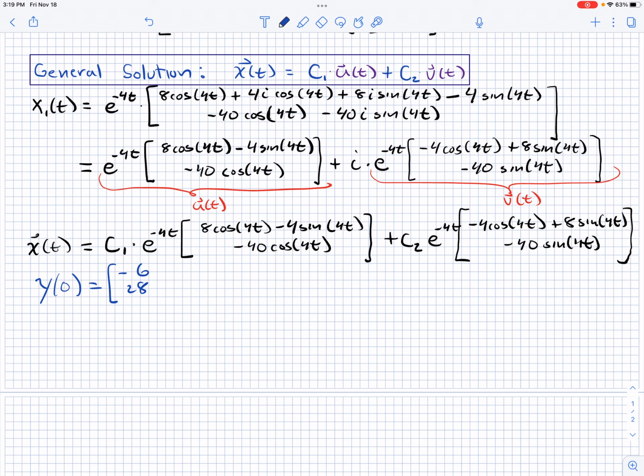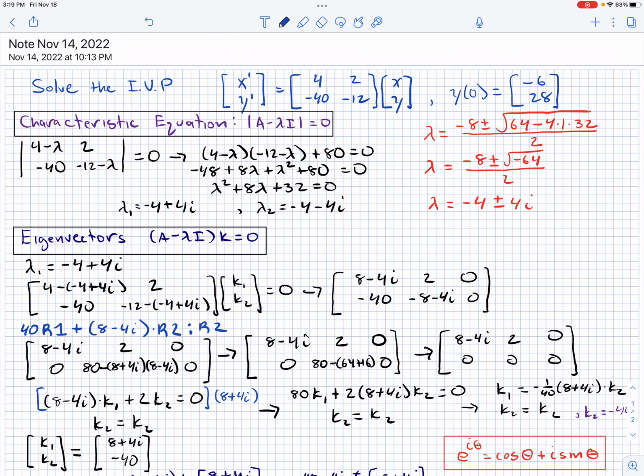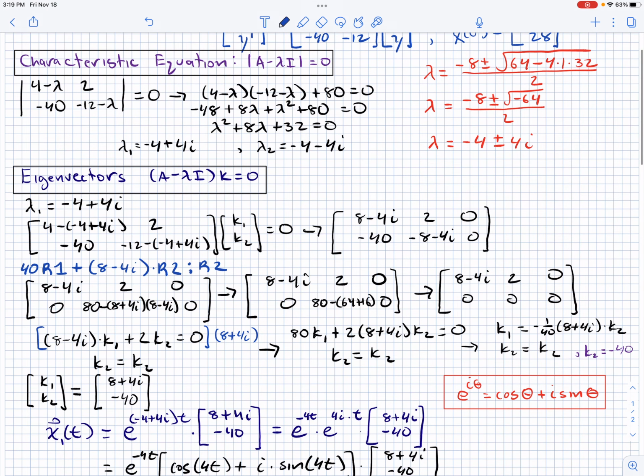Actually, because I'm switching notations here, I should call that x of 0 instead of y sub 0, since that's how I wrote it.